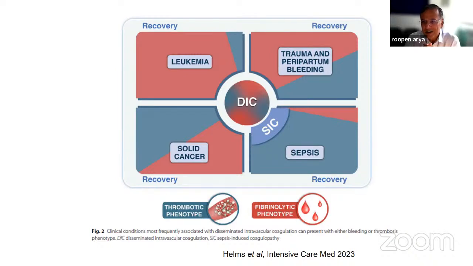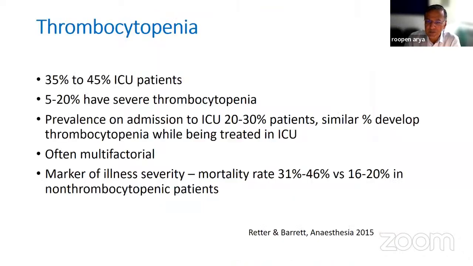In acute myeloid leukemia, the fibrinolytic phenotype, of course, predominates. And in trauma and peripartum bleeding, it is a combination of the phenotypes, and really that is an area in which, for example, antifibrinolytics like tranexamic acid come into their own. And sepsis, again, often leads to a highly thrombotic phenotype.